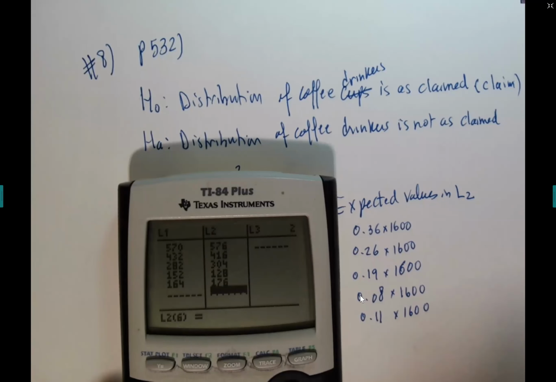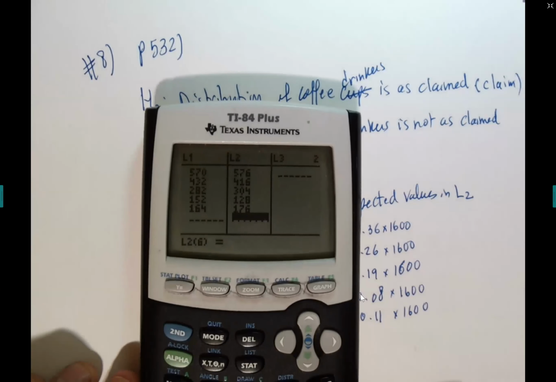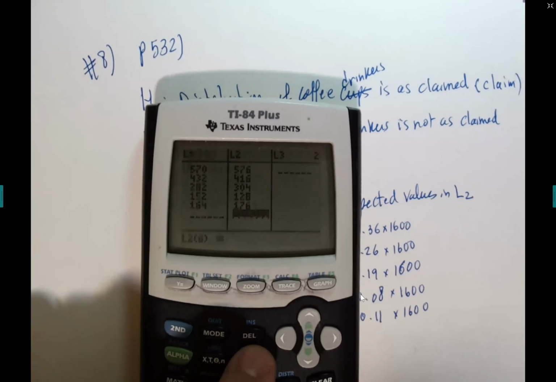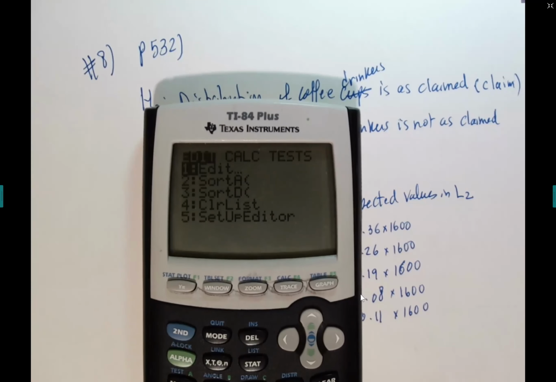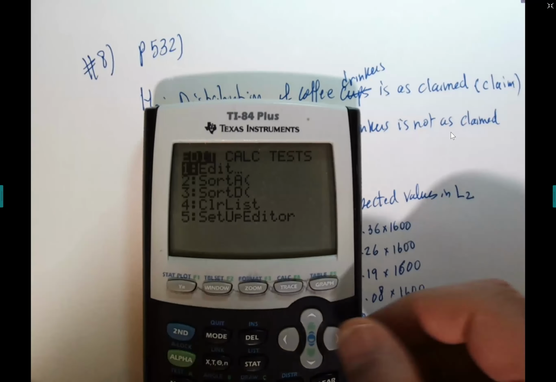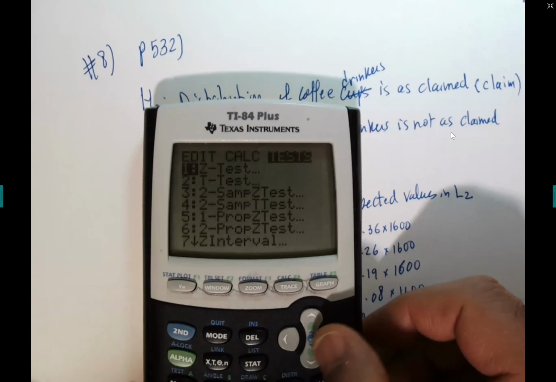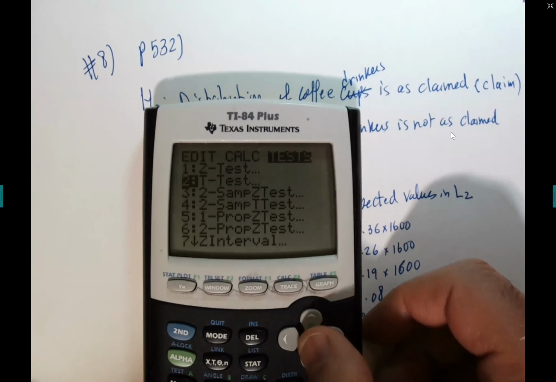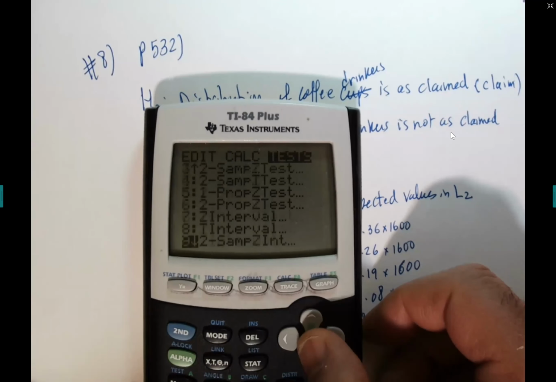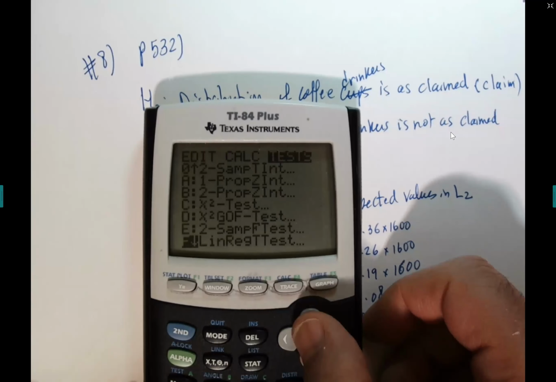Okay, so you go to STAT. Let me show you this right here. And then you go to TESTS. There you go. Then you go to the goodness of fit test. Okay, right here.